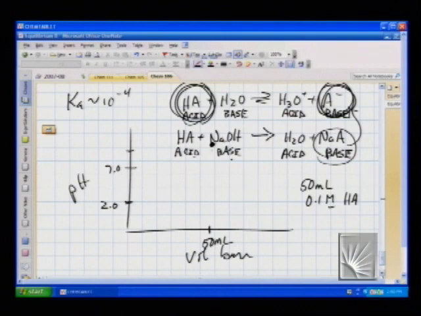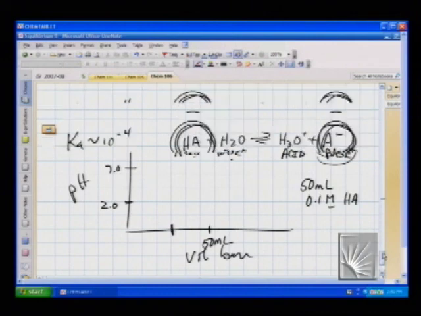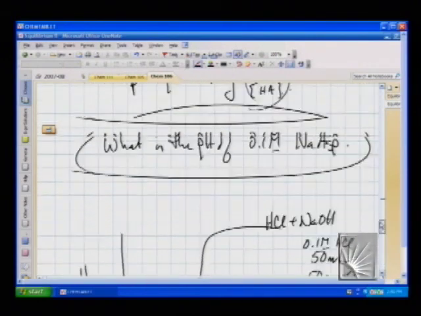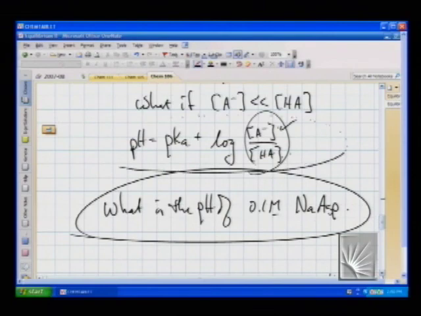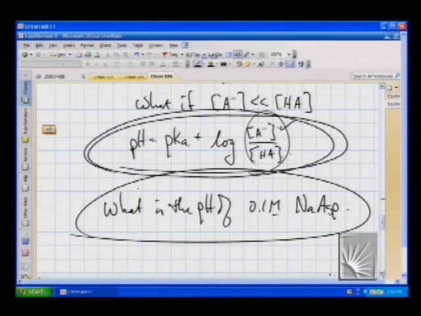What is the pH at the equivalence, at the half equivalence point? When you're halfway there, which is where we started this question, what is the pH at the half equivalence point? When you've neutralized half of the weak acid, how much of its conjugate base have you made?